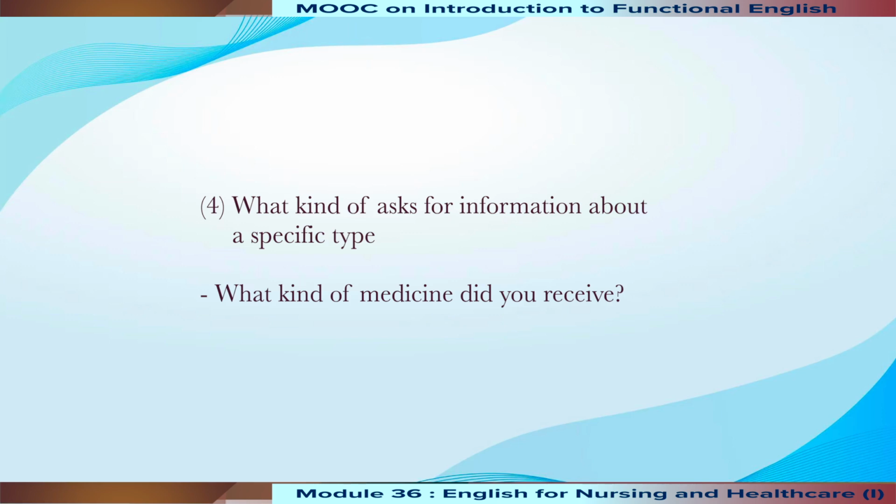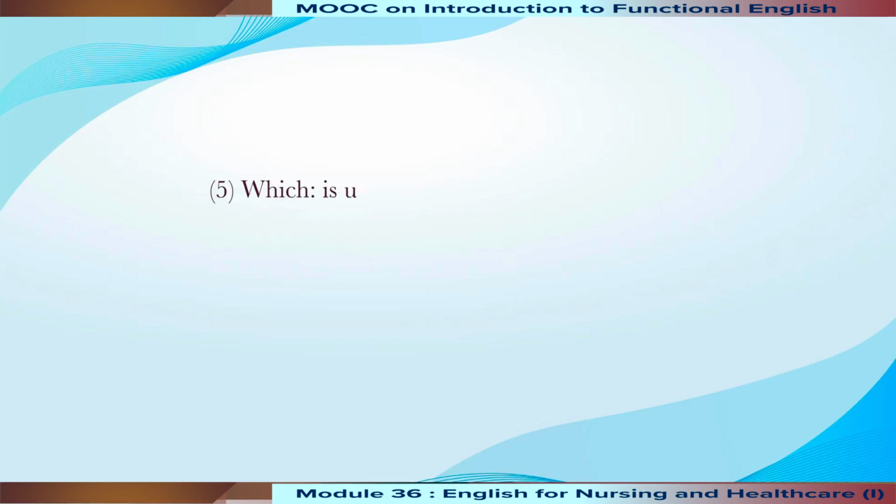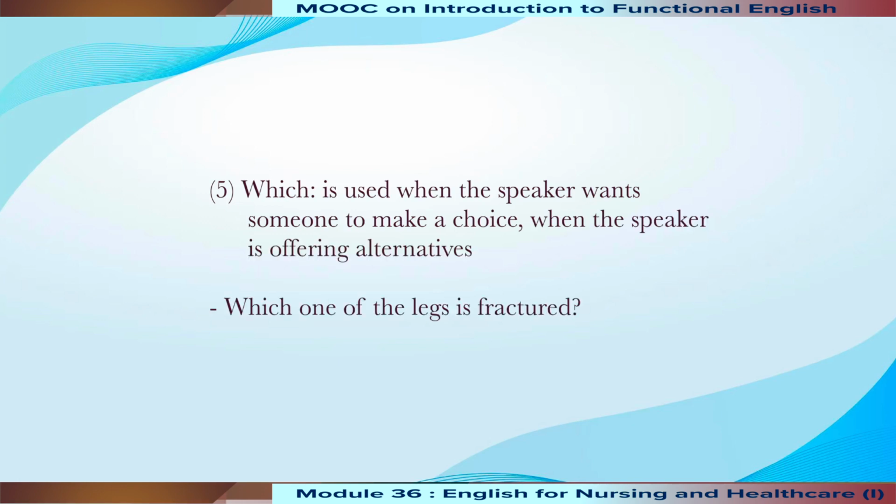So what kind of medicine did you receive? So that is an example of the specified information a nurse or a doctor might want. Next we have which, which is used when the speaker wants someone to make a choice, when the speaker is offering alternatives. Which one of the legs is fractured?